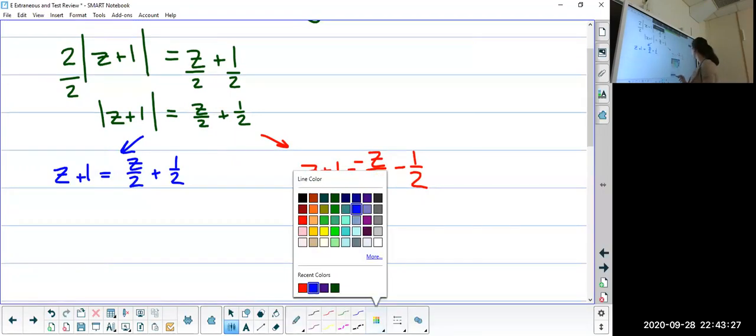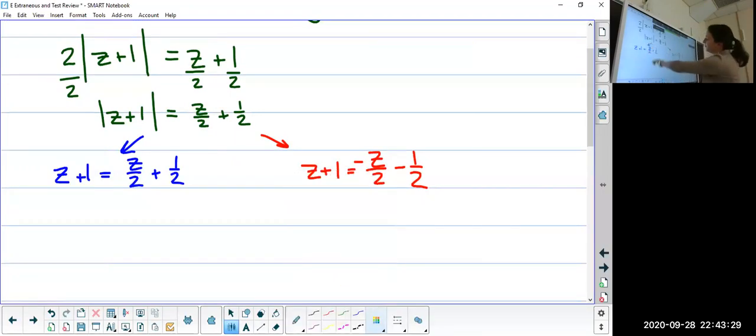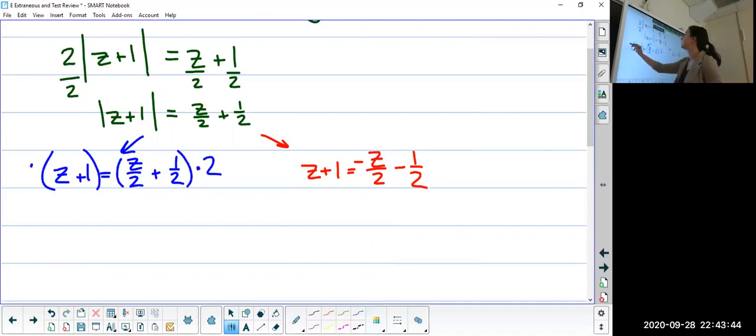So starting off with the positive blue side, I'm going to get rid of the denominators. The way that I'm going to get rid of the denominators, I'm going to multiply the entire thing by 2. I put parentheses up because I'm going to have to distribute that 2, and that's going to turn into 2z plus 2 equals z plus 1.